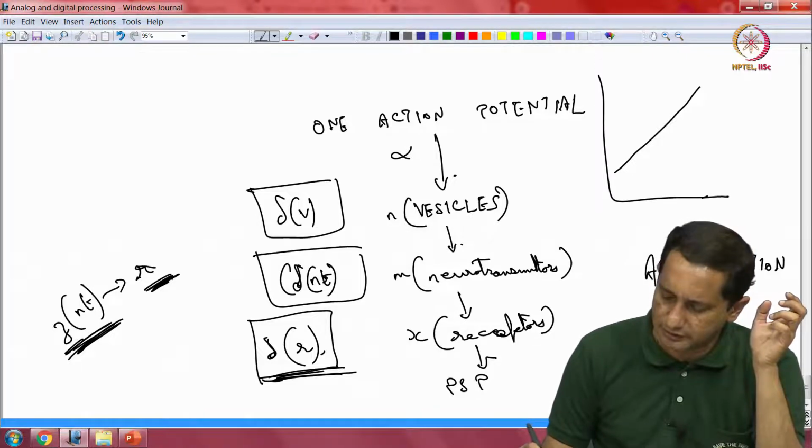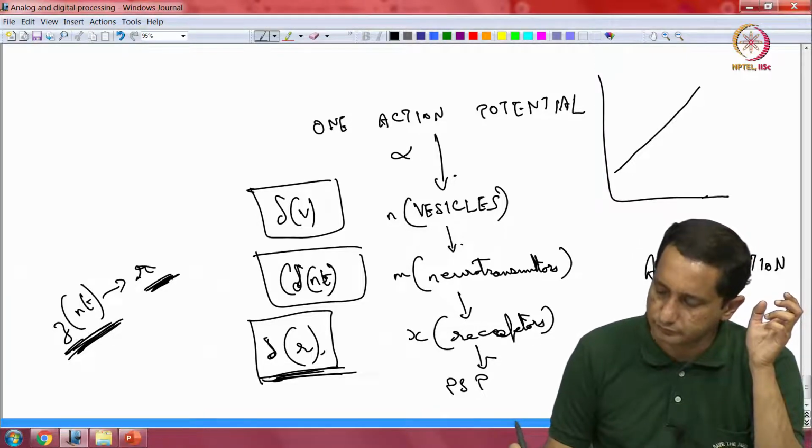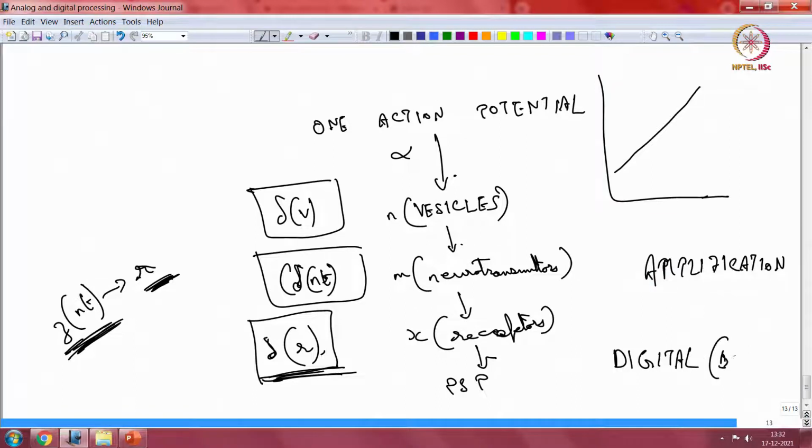I would like to still call it digital, digital in the sense of binary, because a vesicle can be released or not be released. If there is no signal, it does not get released, and if a vesicle is released, there is only a fixed amount of neurotransmitter within the vesicle. So, it is a fixed quanta. Of course, it does amplification, but a single action potential releases a fixed vesicle.